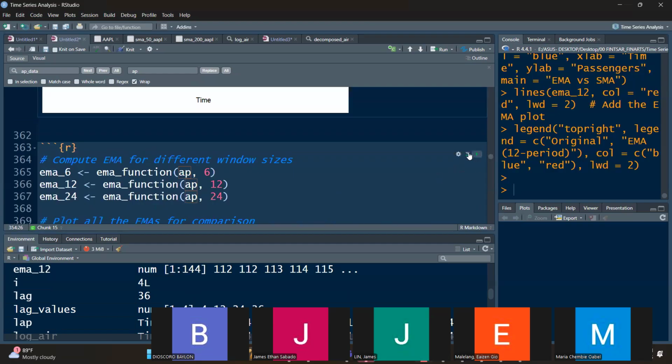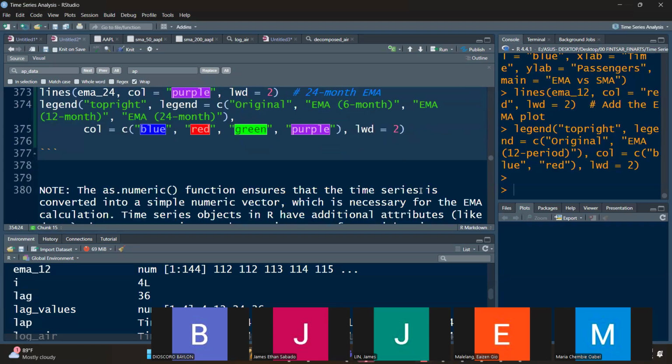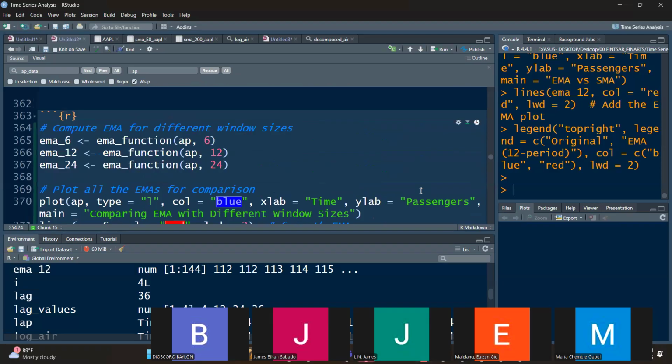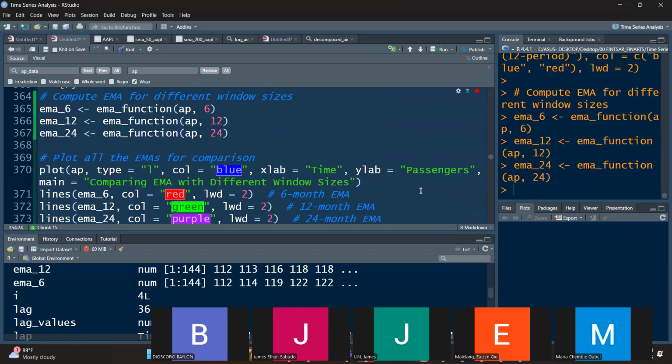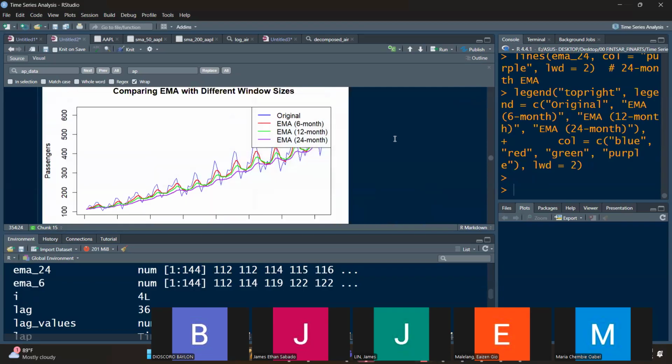These are plots of your different exponential moving averages.